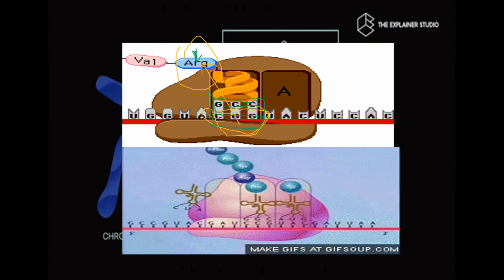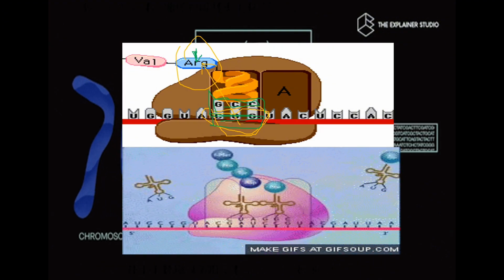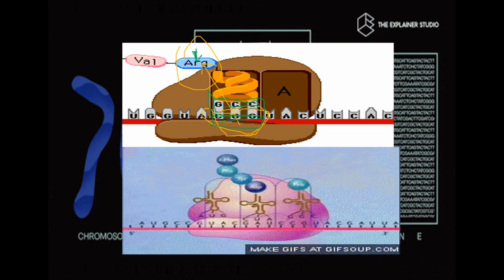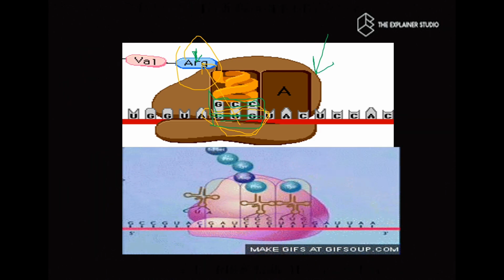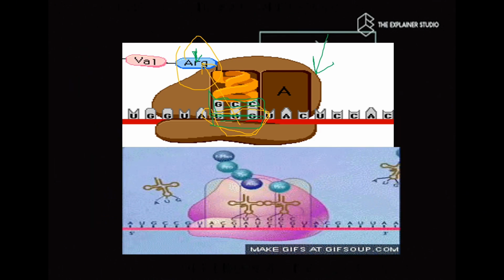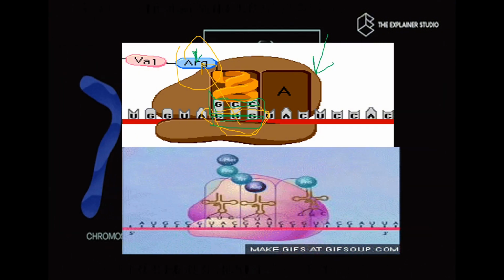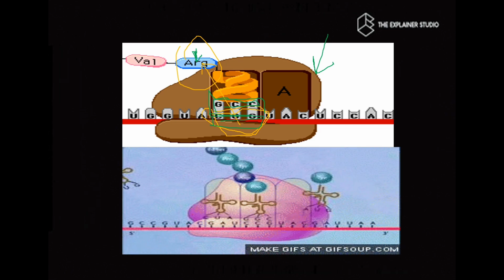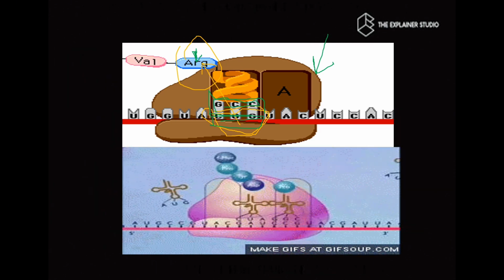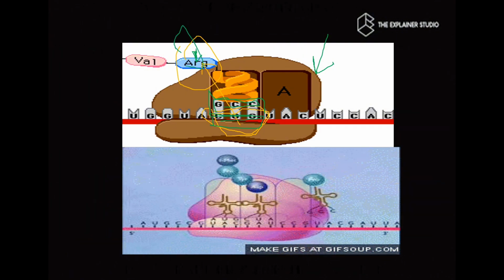So whenever the codon comes to the A site, it will attract the tRNA that has this anticodon. So here we have CGG. So the anticodon will be GCC, and the GCC always carries this amino acid, arginine.